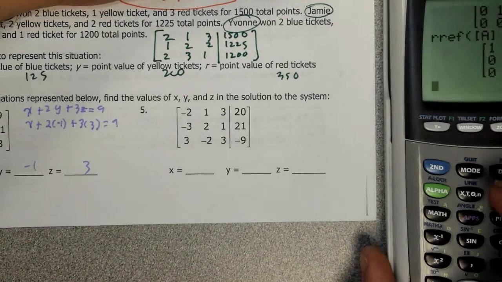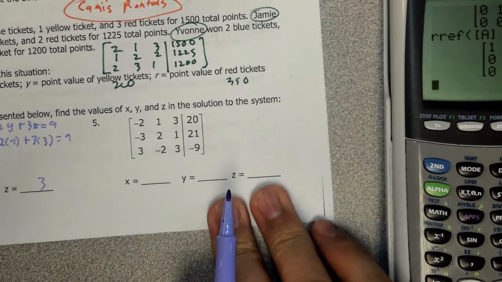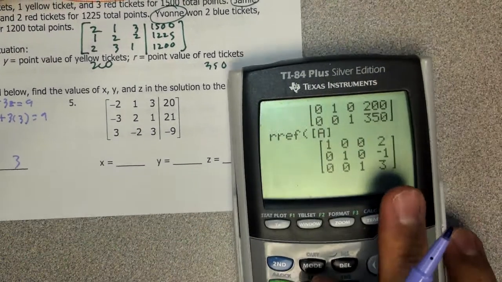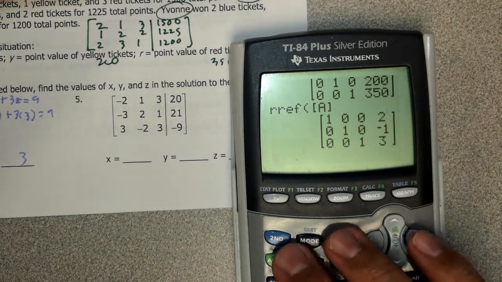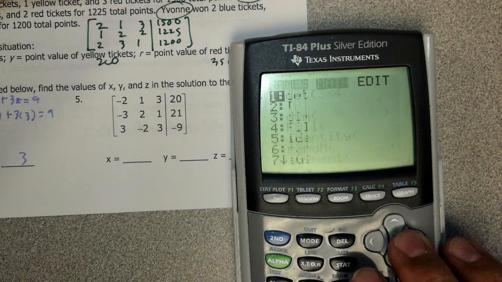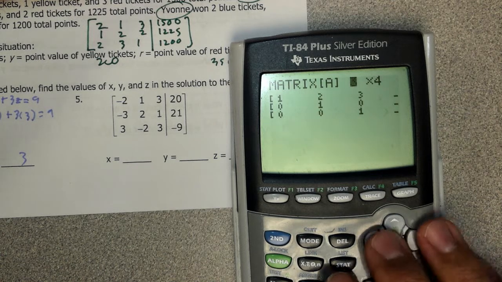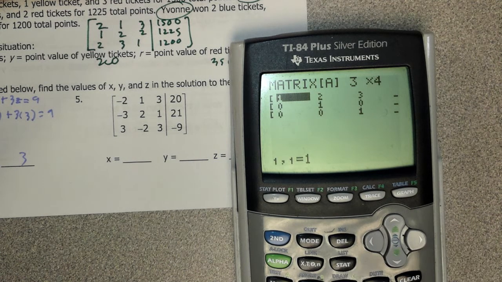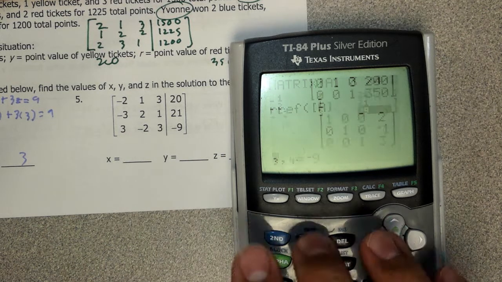Number 5, you can solve it by hand, or you can just plug in the calculator. I'm perfectly fine with you just plugging in the calculator. Go back to the matrix, edit it. 3 by 4 is what we want. Negative 2, 1, 3, 20, negative 3, 2, 1, 21, 3, negative 2, 3, negative 9, enter.